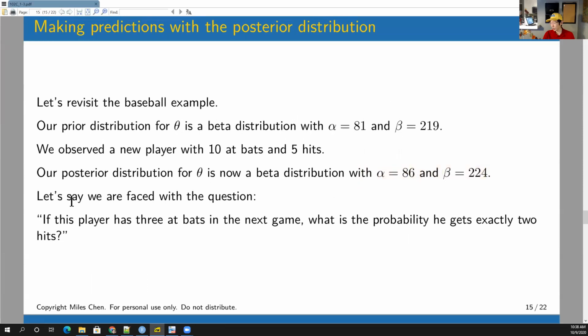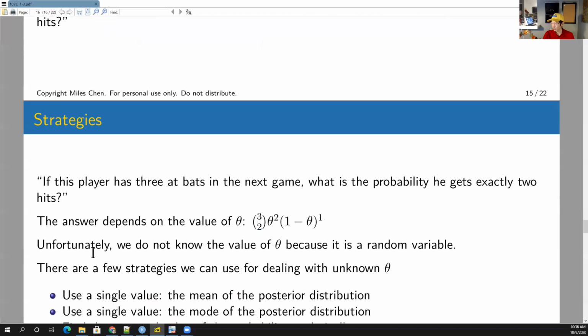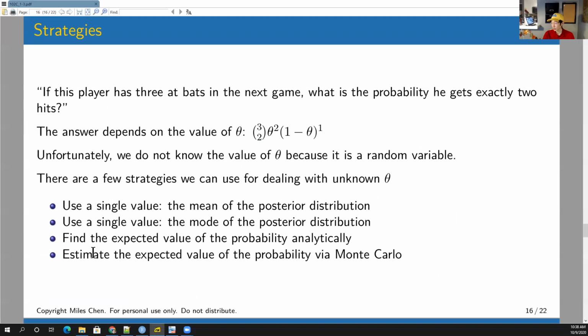The question is, if this player has 3 at-bats at the next game, what's the probability that he gets exactly 2 hits? The answer is going to be 3 choose 2, theta squared, 1 minus theta to the 1.